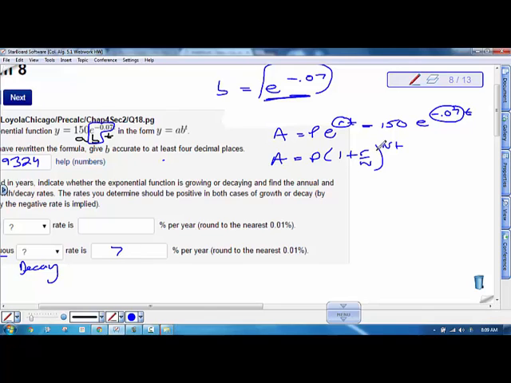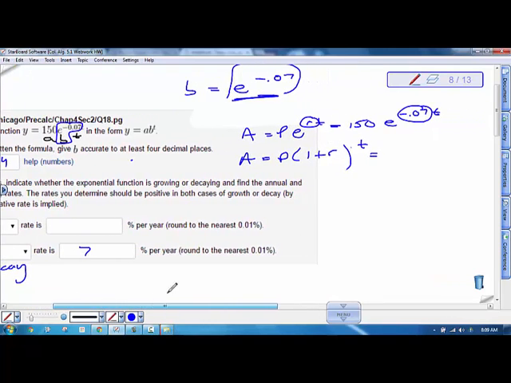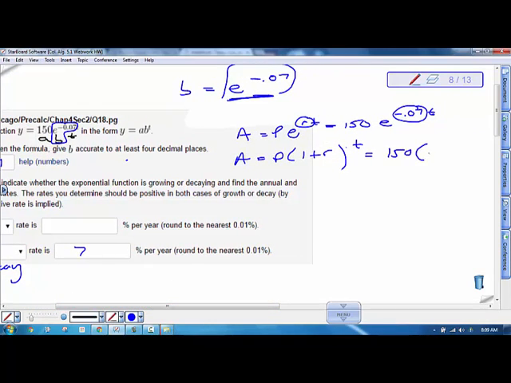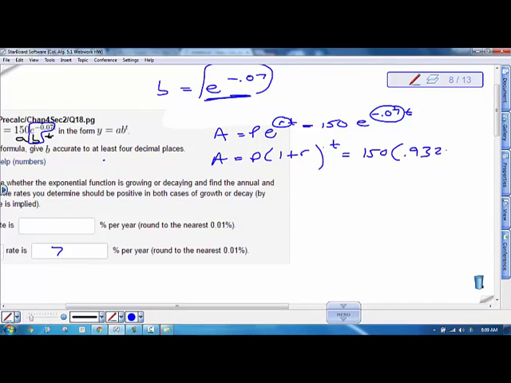And then the annual one's a little bit harder. It's annual, we're calculating 1 time per year, so n is 1. That makes it a little easier. We can compare this then to the formula that we got when we simplified and got b here. So we still start with 150, but our b now is 0.9324 raised to the t. So now we're basically just comparing this and this.